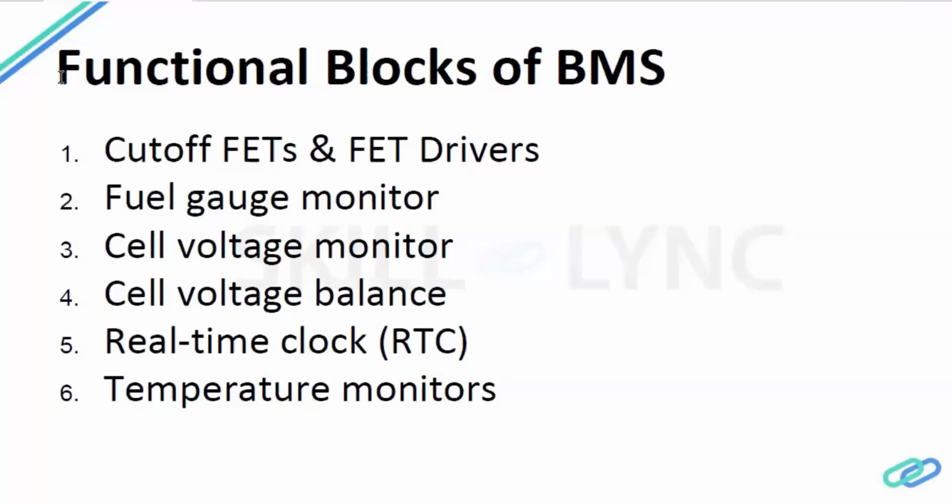Okay, and there would be a fuel gauge monitor. If you have a fossil fuel vehicle, you are already aware that if there is 1 liter of petrol inside your vehicle, you can go up to 30 or 40 kilometers, depending on your mileage, so you can already measure that.